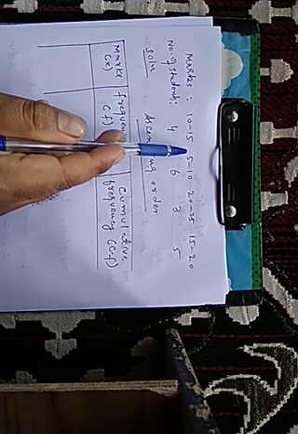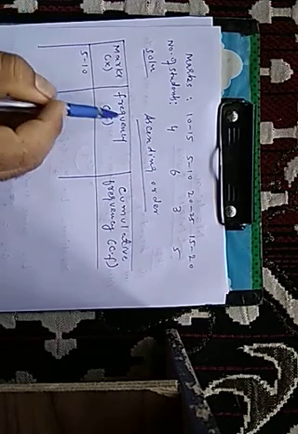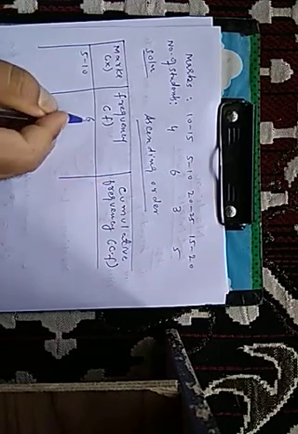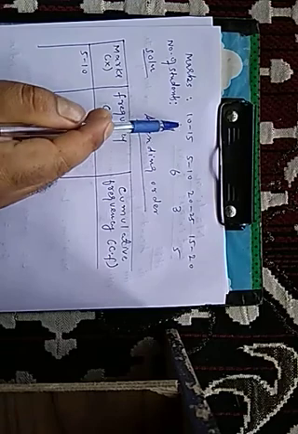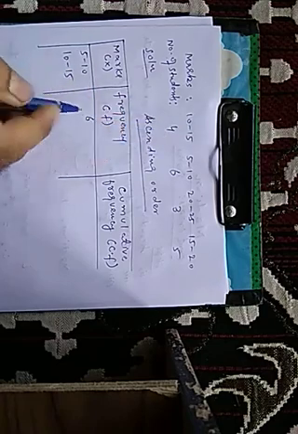And in ascending order, the class intervals will be like this. First we will write the lowest one, that is 5 to 10, and its frequency is 6. Next will be 10 to 15, and its frequency is 4.